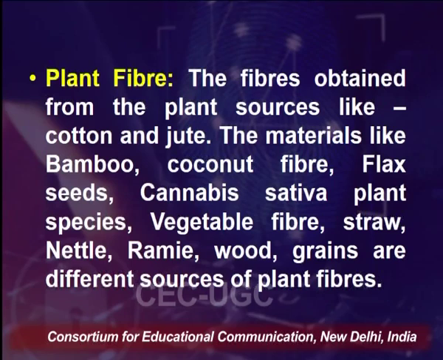Plant fibers are the fibers obtained from plant sources like cotton, jute, materials like bamboo, coconut fiber, flax seeds, cannabis sativa plant species, vegetable fibers, etc. These are the different sources of plant fibers. Whenever we obtain any fiber from plants, we have to process it to make it into a fabric.